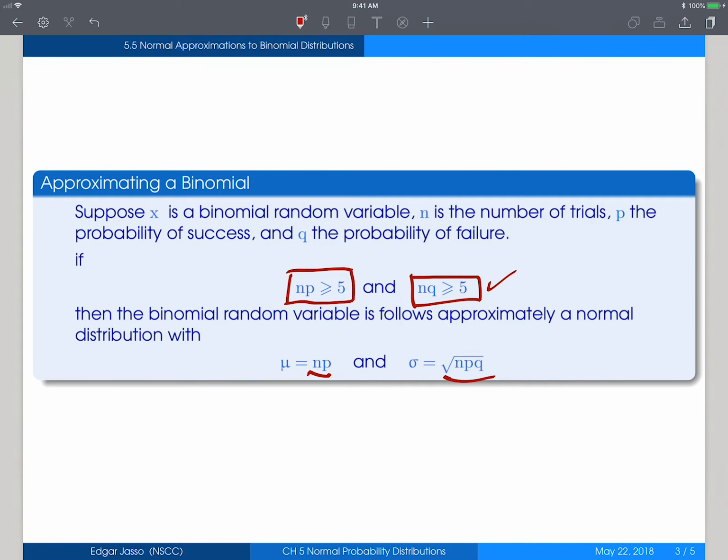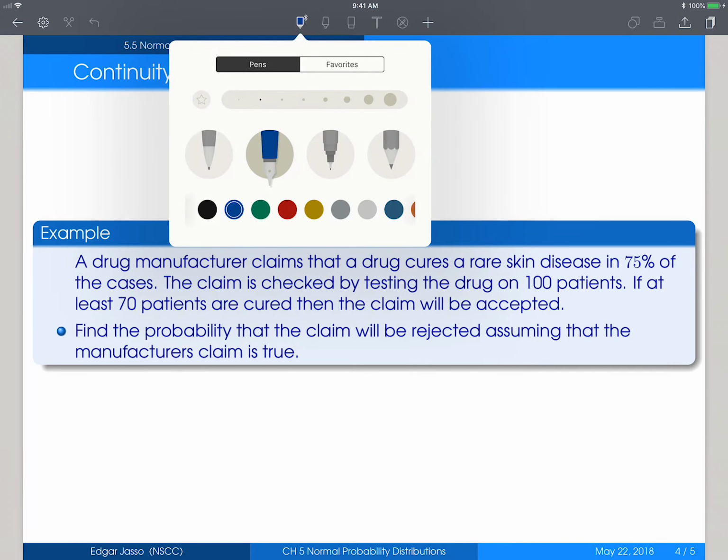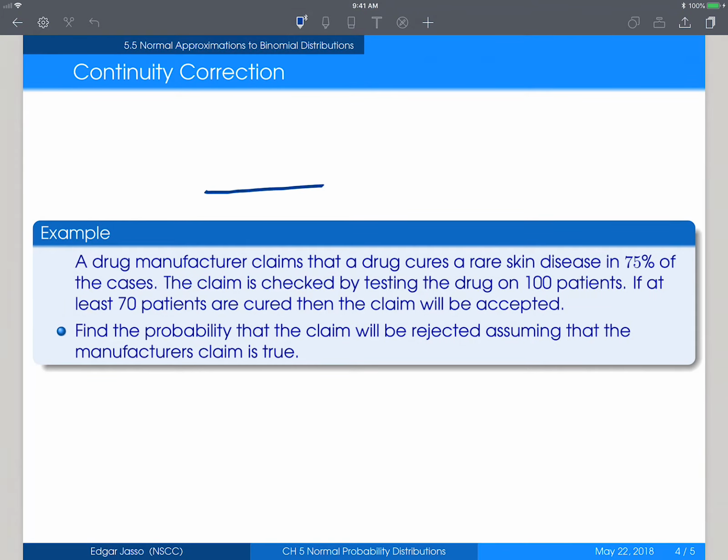Now there's something called the continuity correction, or correction for continuity, and this is the fact that when you're doing these binomial distributions, you're looking at these rectangles that look something like this. And then they start going down, and you're approximating that via a normal curve that does something like this.